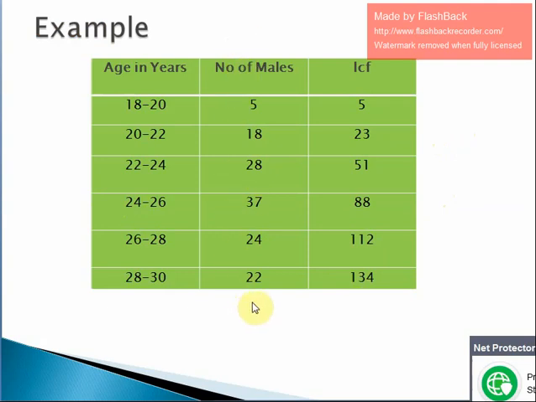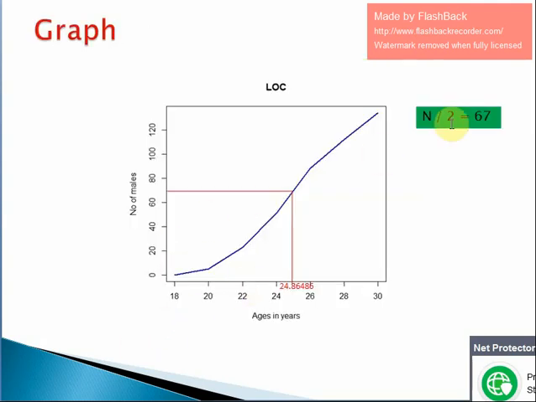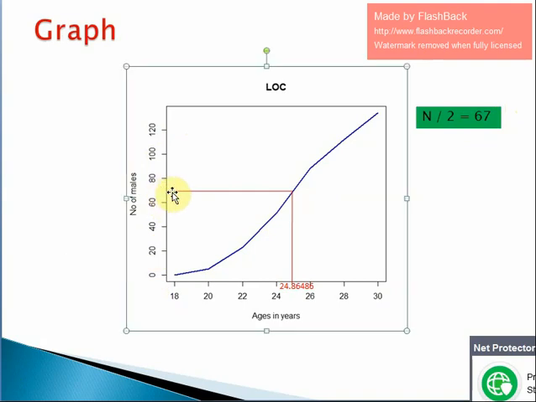If you add these frequencies, the total comes to be 134, which is the last class frequency. 134 divided by 2 is equal to 67. So mark this point 67 on the y-axis. See, this is the point on the y-axis.